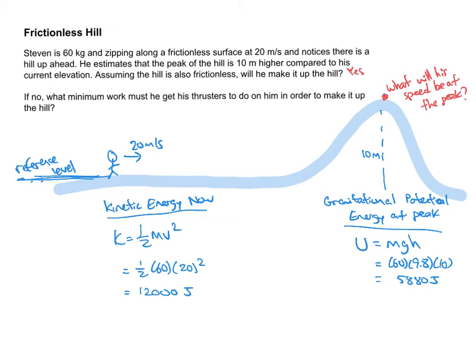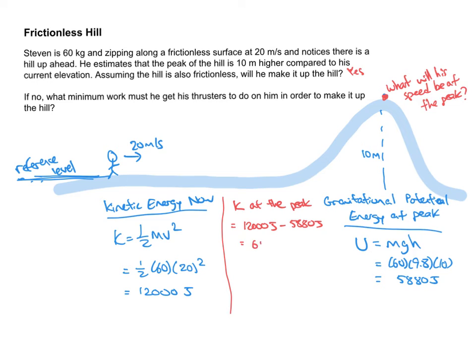What will his speed be at the peak? So at the peak, what I can do is figure out the kinetic energy, so K at the peak. And that's going to equal the original kinetic energy of 12,000 joules, subtracted by how much of that got transformed into gravitational potential.